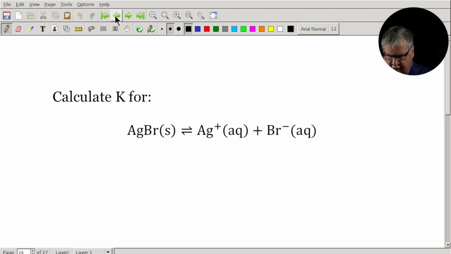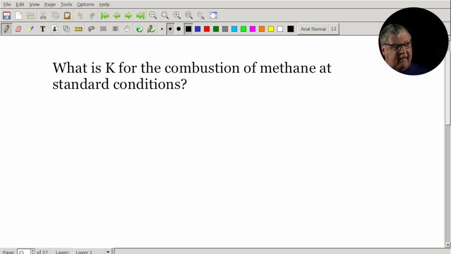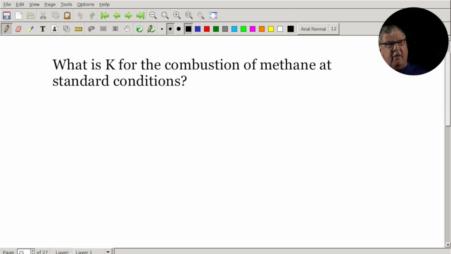All right, so let's look at calculating an equilibrium constant for a different reaction. In this particular case, we're going to calculate the equilibrium constant for the combustion of methane at standard conditions. And of course, what that really means is that all the gases involved in this reaction are at 1 atmosphere, because the pressure is constant.